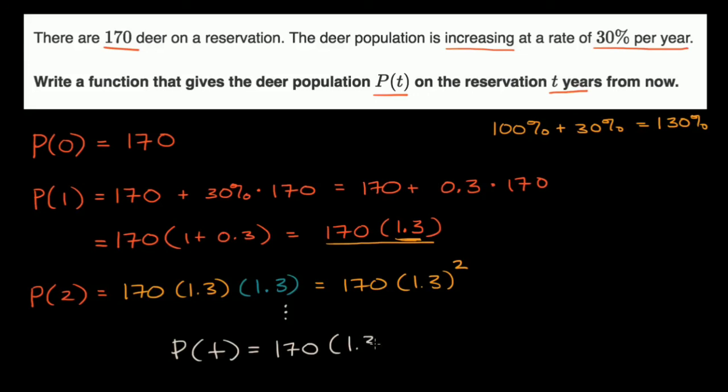So to the T power, because for every year we grow by 30%, which is equivalent mathematically to multiplying by 1.3. So after 100 years, it would be 170 times 1.3 to the 100th power.